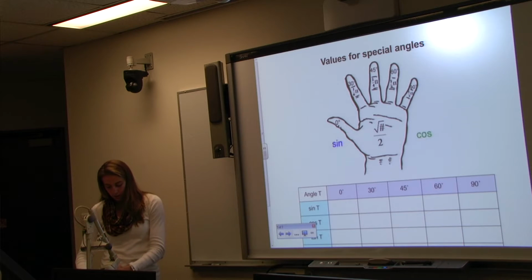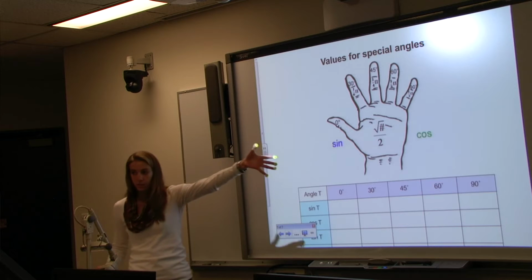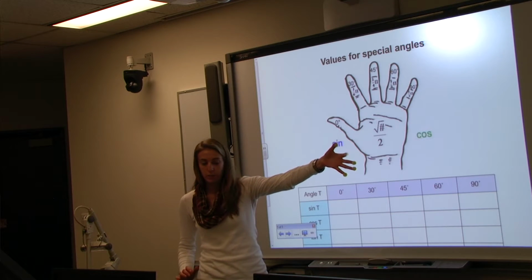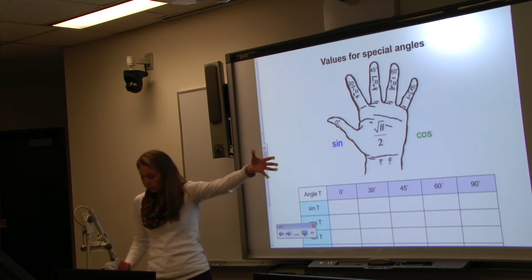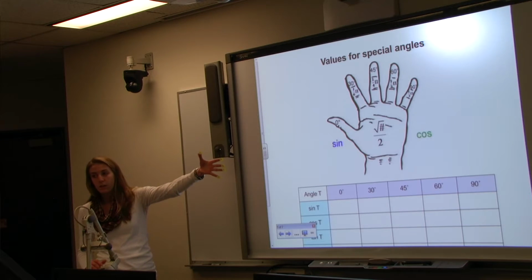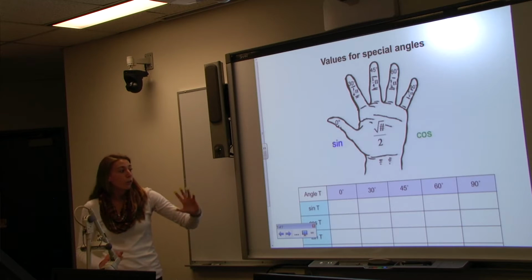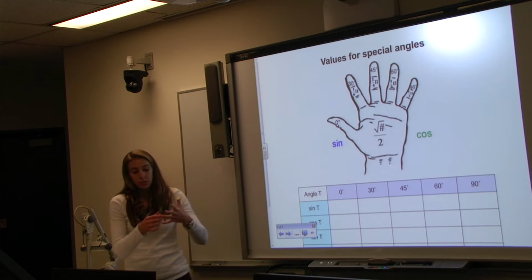And 90 on the pinky. So the left hand should look a little spotty. Okay, so these special values are only for these 5 angles.